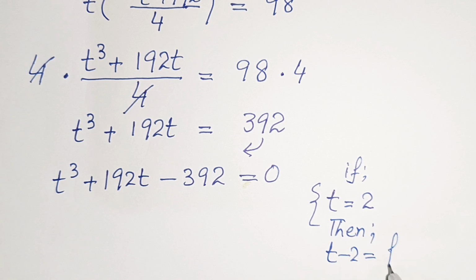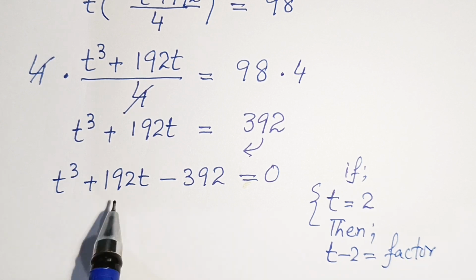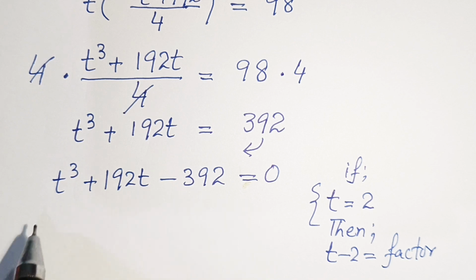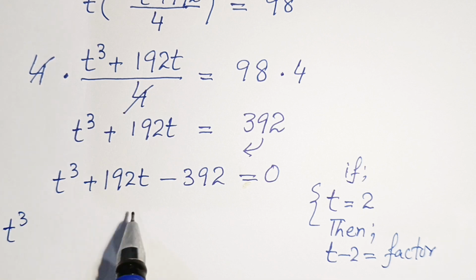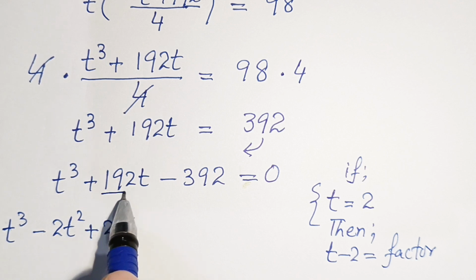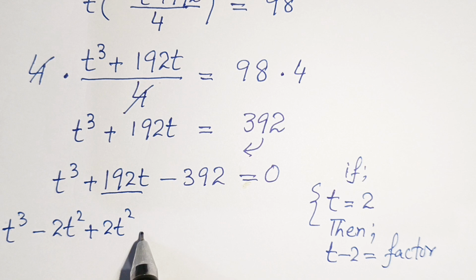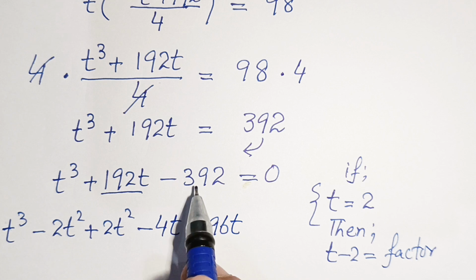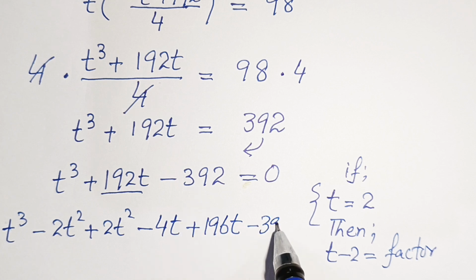So here this t cubed plus 192t minus 392 is equal to 0, so it can be written as t cubed, and if we just add and subtract 2t squared, so this 192t can also be written as minus 4t plus 196t, and here we have minus 392, which is equal to 0.